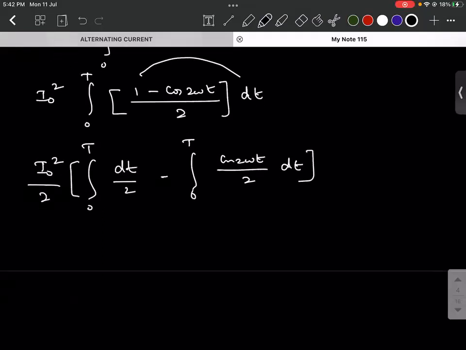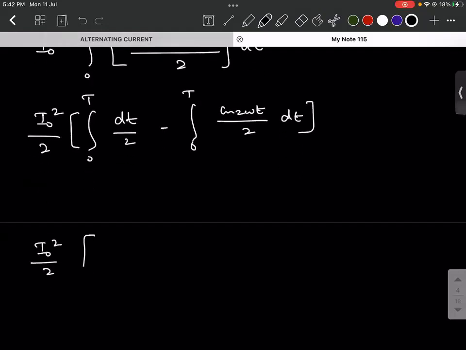Did you copy this? Okay. So I naught square by 2 into integral of 0 to capital T dt by 2, how much is it? It is T by 2, minus 1 by 2 into integral of 0 to T cos 2 omega t dt.